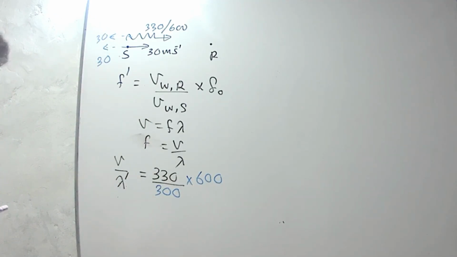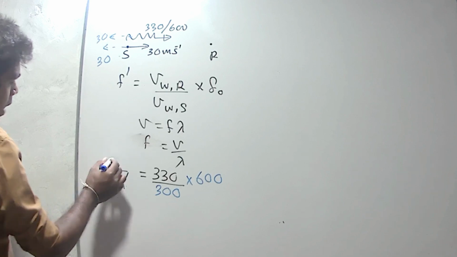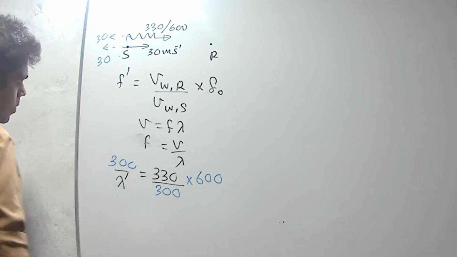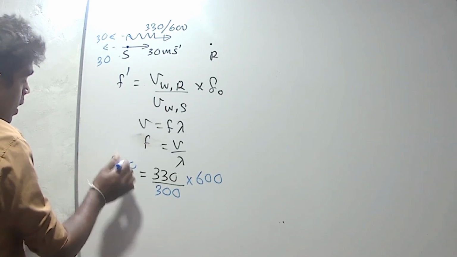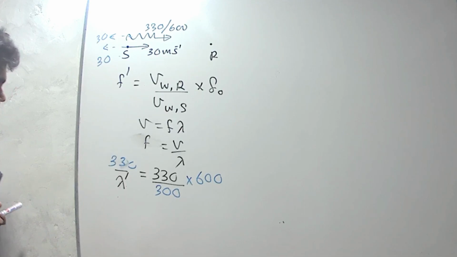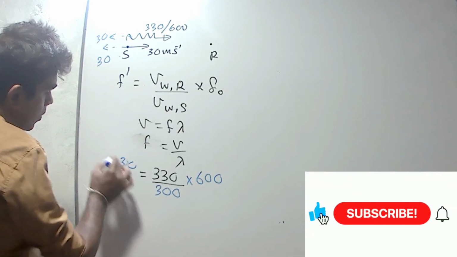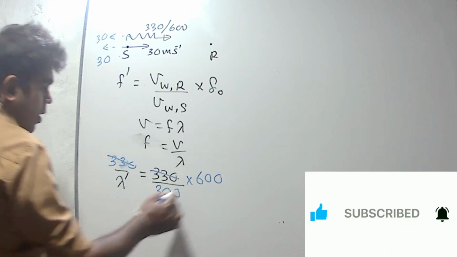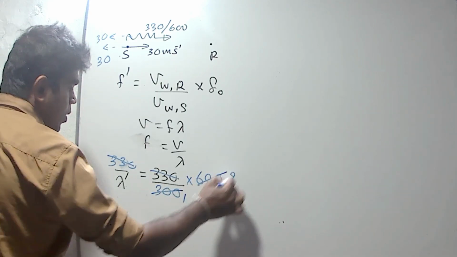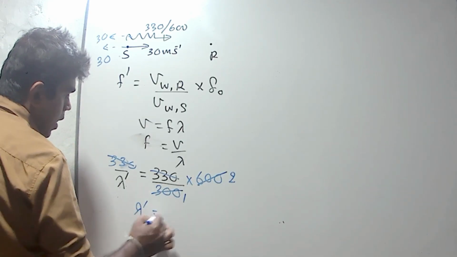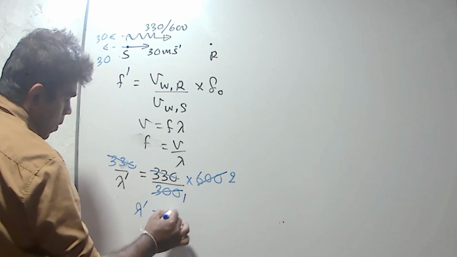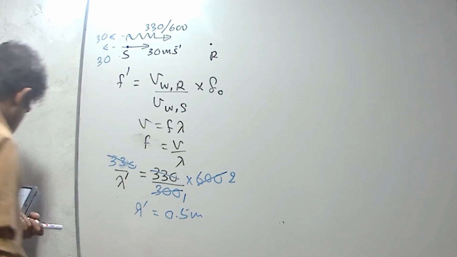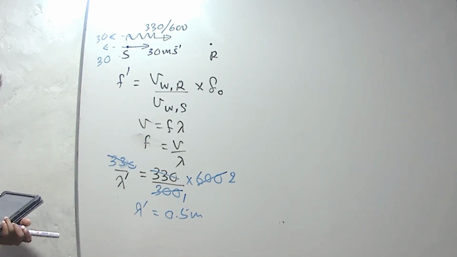We can substitute the velocity of wave, no, 330. Then we can find the lambda value. We can cancel out 330 and 330. 300 divided by 600, so lambda dash is 0.5 meters. It means 50 centimeters.